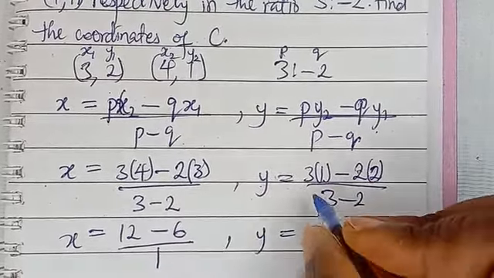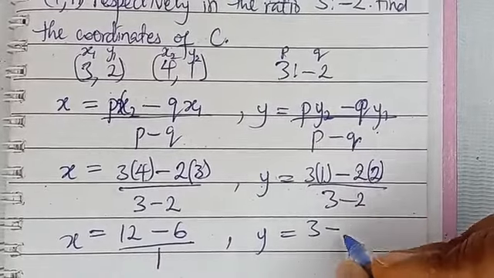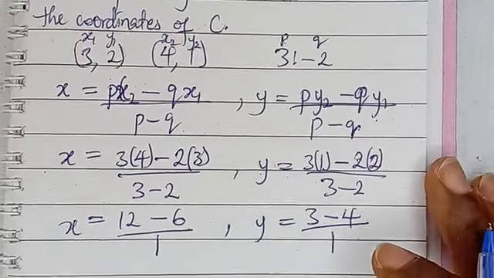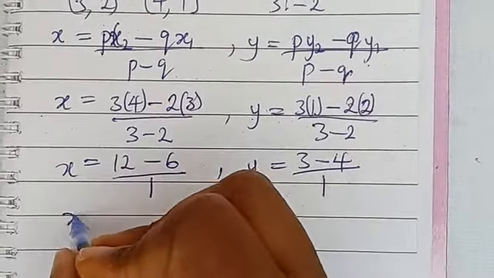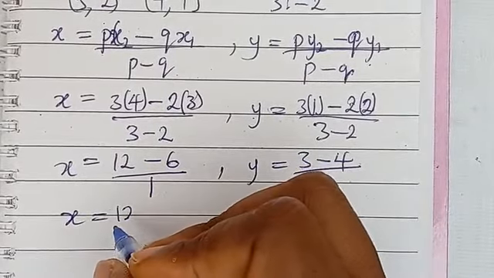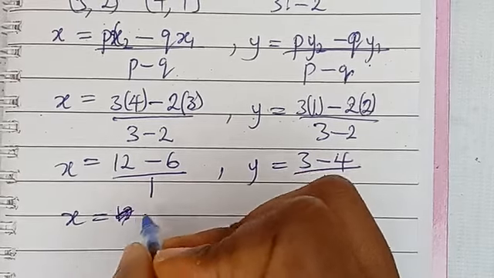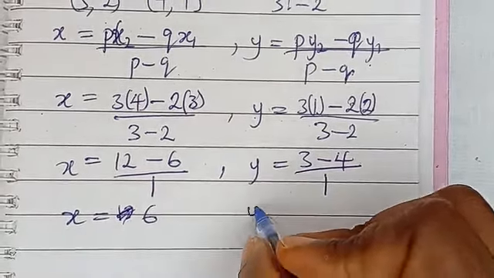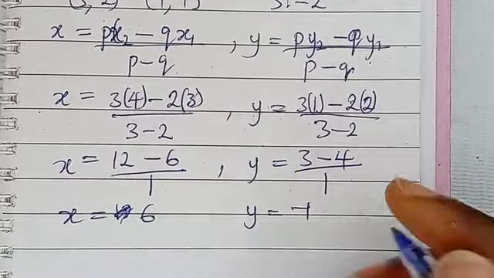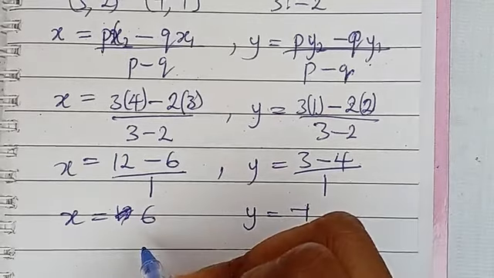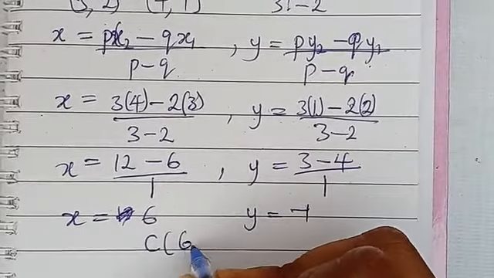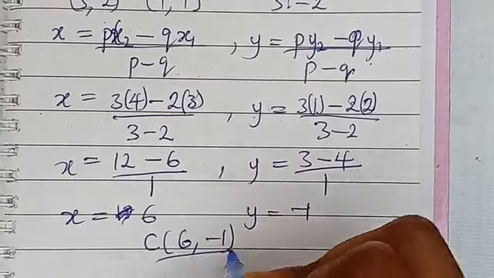On the y side, 3 times 1 is 3, minus 2 times 2 is 4, over 3 minus 2 is 1. Then the x coordinate is equal to 12 minus 6 is 6, divided by 1 is still 6. For the y coordinate, 3 minus 4 is negative 1, divided by 1 is still negative 1. Therefore, the coordinates of the point C is equal to (6, -1), and that's all.